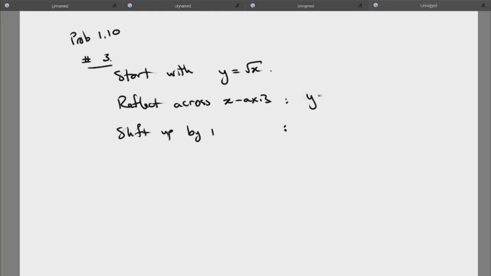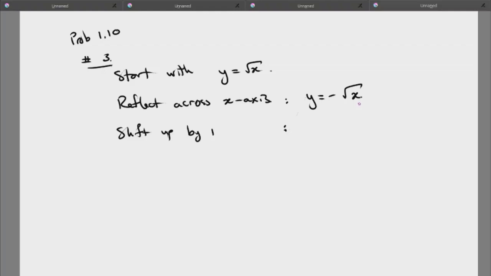I'll start at the end. Y equals. You have to say something. Yes. Minus root x, because my reflection was over the x-axis, so it was vertical.